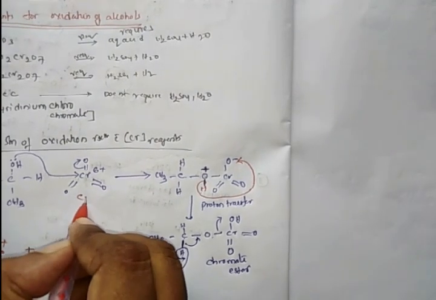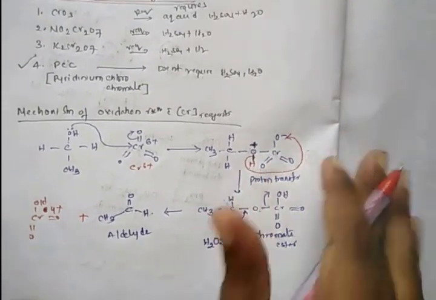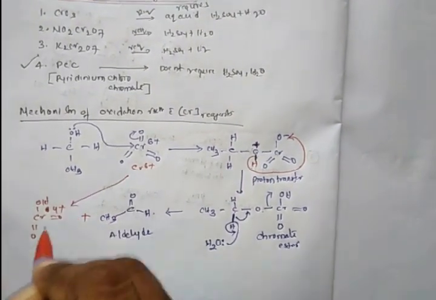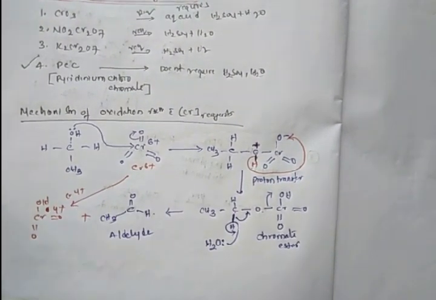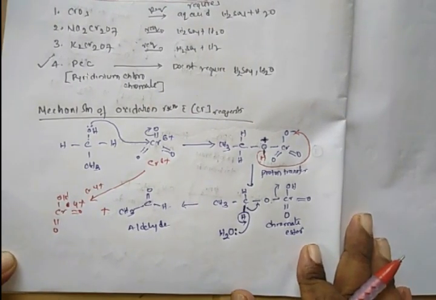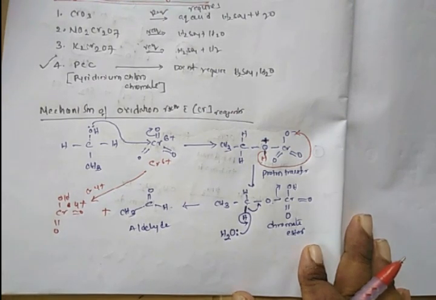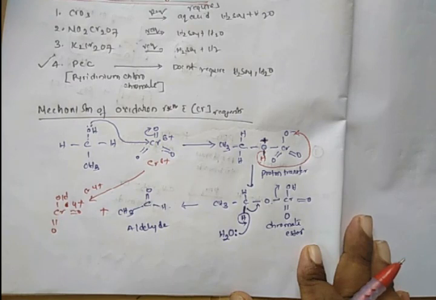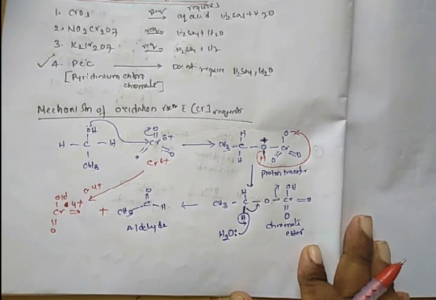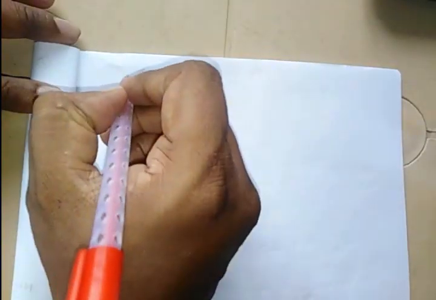So Cr6 plus is converted to Cr4 plus. So this oxidation reagent undergoes reduction. This reaction is used for detection of blood alcohol. Now we will discuss the application of this oxidation of alcohol.